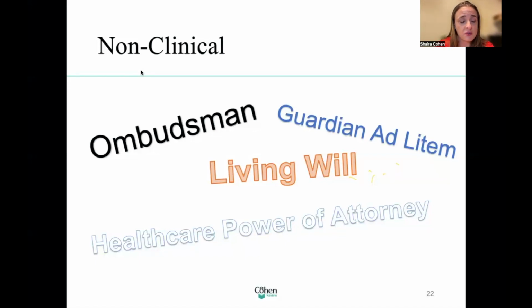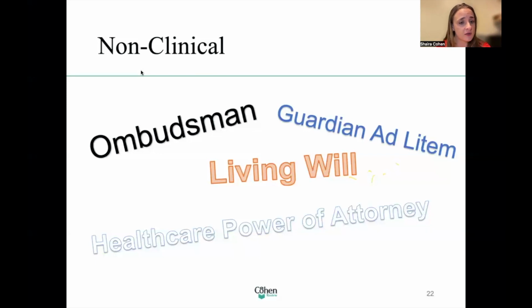So in the chat room, for the people in the class or on the piece of paper, which term do you think I'm describing when I mention that this is a written legal document that spells out medical treatments you would and would not want to be used to keep you alive, as well as your preferences for other medical decisions such as pain management or organ donation.